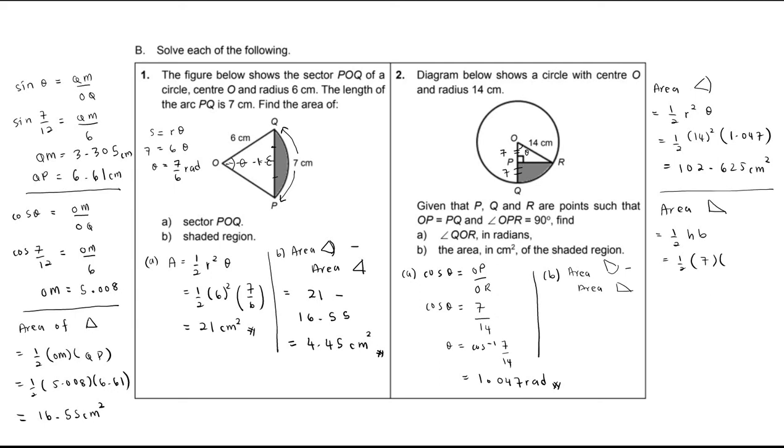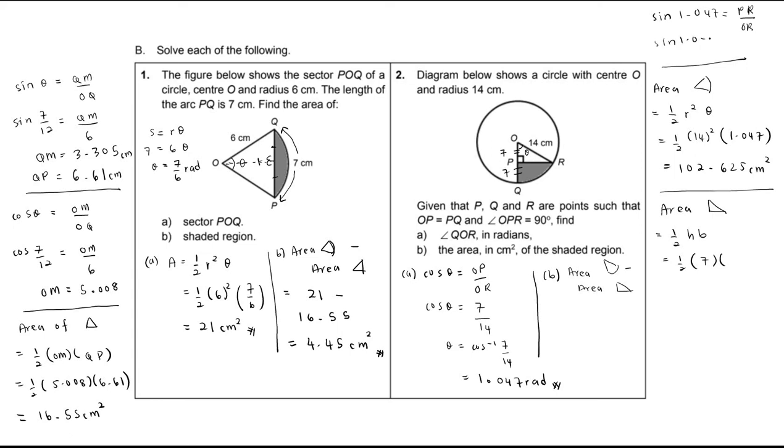PR. For that we can use sine. Okay, sine, the angle is 1.047. Okay, theta here is 1.047. So sine 1.047 is the length of PR over OR.